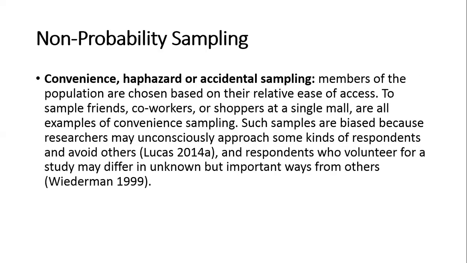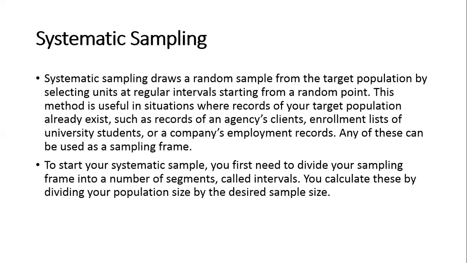Then there's systematic sampling, which is also used a lot. Systematic sampling draws a random sample from a target population by selecting units at regular intervals, starting from a random point.